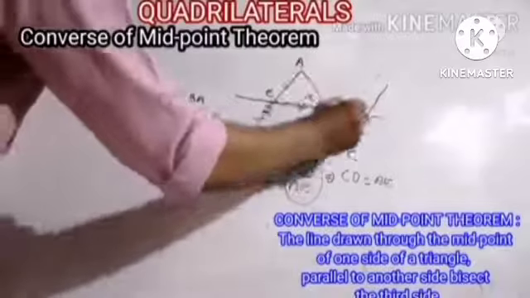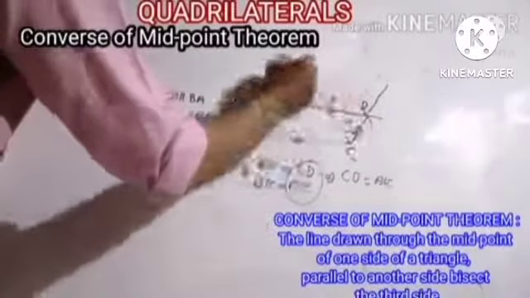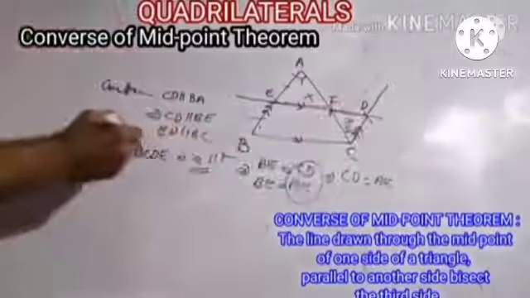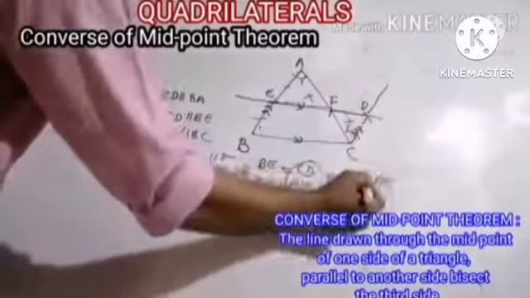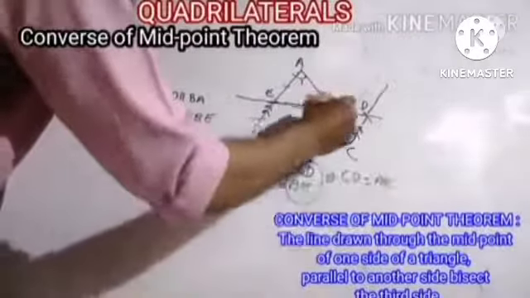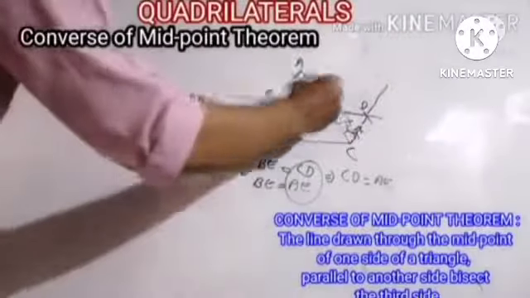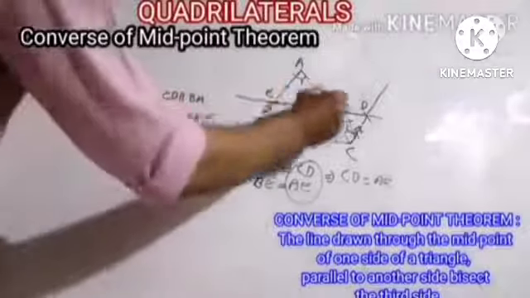Now consider these two triangles here. These two angles are equal because alternate interior angles are equal: angle 1 equals angle 2. Also AE equals CD, and these two angles are vertically opposite angles, which are equal. By AAS congruency, the two triangles AFE and CFD are congruent.